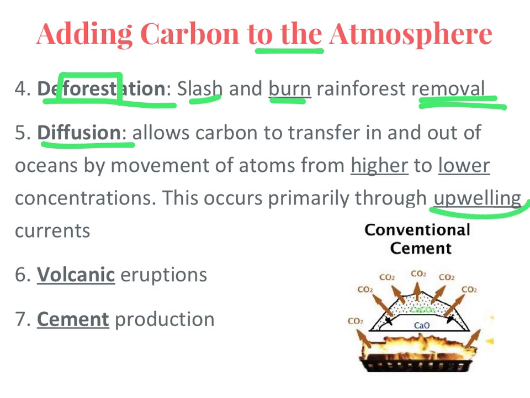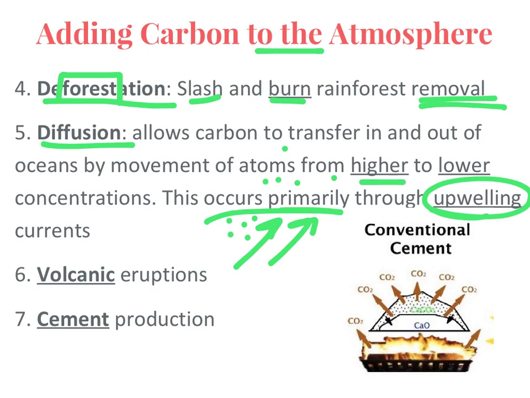This often happens with upwelling in the ocean. When I have water, warmer water moving up to the surface, it comes in contact with part of the atmosphere lacking carbon, and so the atoms can simply transfer themselves up into the atmosphere. So they're going from a high concentration in the ocean to a low concentration in the air.